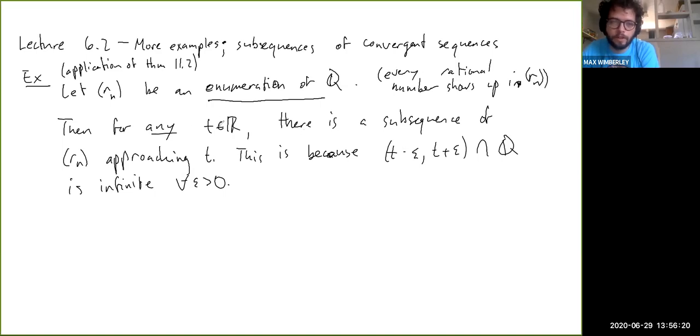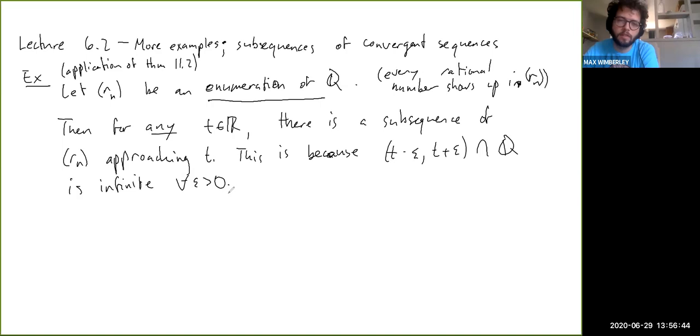Basically, if you take any real number and look at any sort of bubble around it, any neighborhood, right? I'm going to start calling these neighborhoods. So any neighborhood around t with width 2 epsilon, and you look at all the rational numbers in there, there are going to be infinitely many rational numbers in this interval, right? So that means that there are infinitely many terms in the sequence in this interval for every value of epsilon.